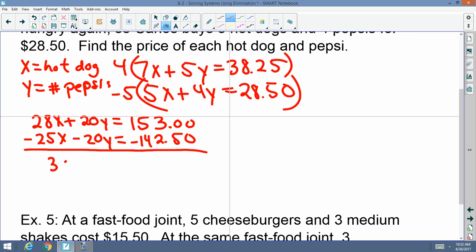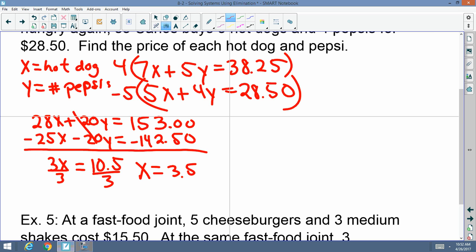So this is going to be 3x equals 153 minus 142.5. No, what's wrong with me? 105. 1050 divided by 3, and x equals, it should be 3.5. Yep. So x equals 3.5.